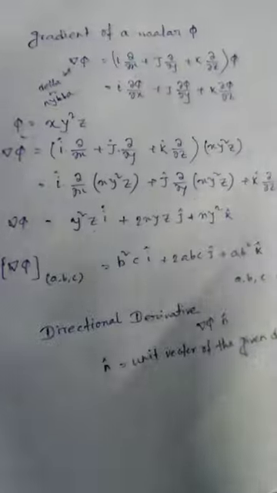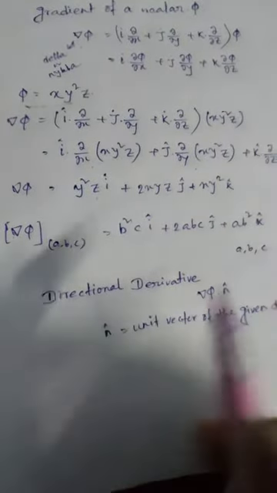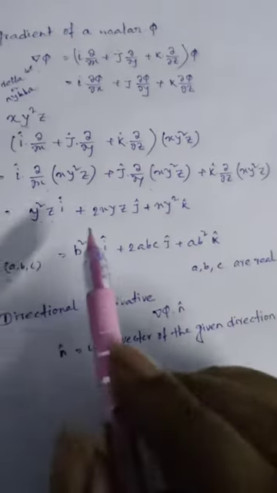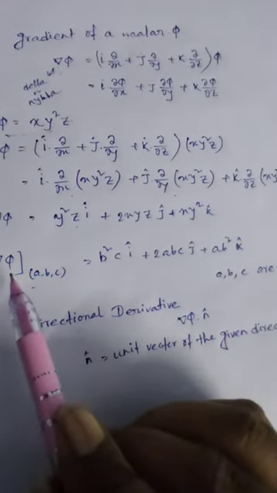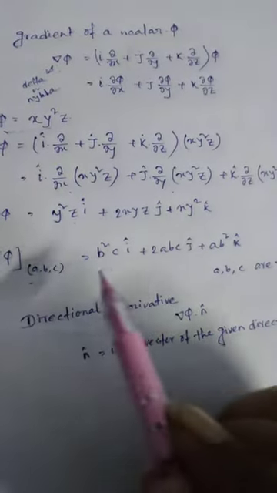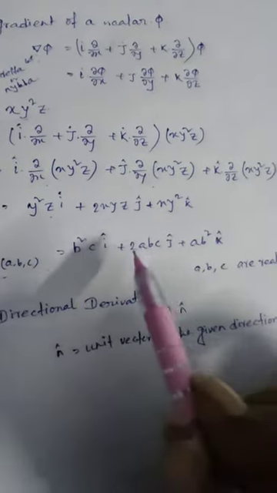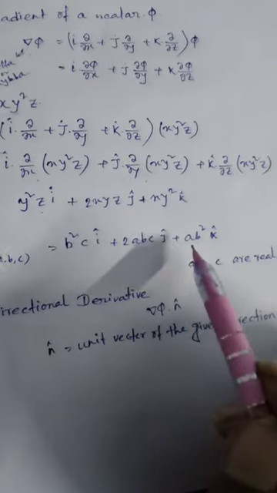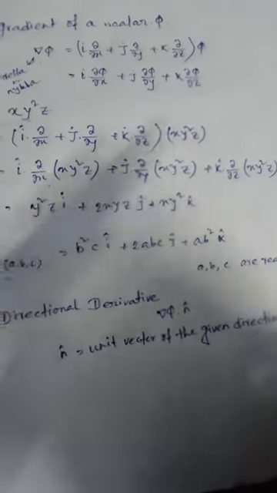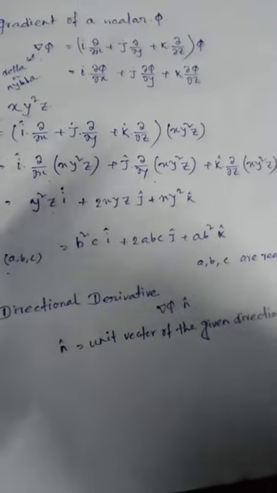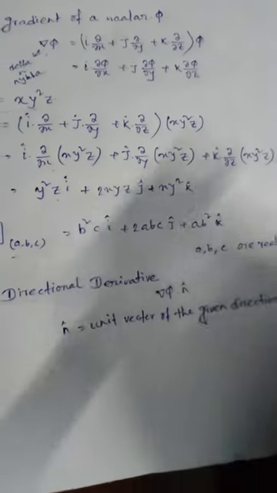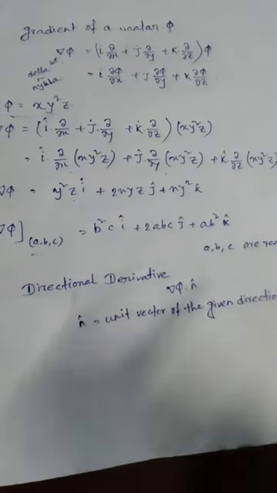Now if we have to find the gradient at a particular point a, b, c where a, b, c are real numbers, then the gradient of the function phi at the point a, b, c is b squared c i plus 2abc j plus a b squared k.